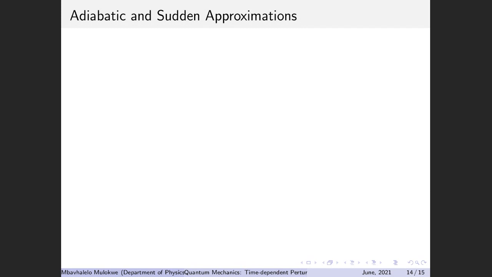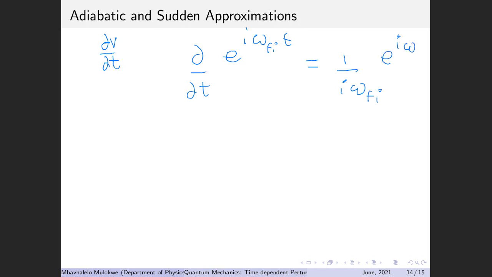So I was saying that we have to introduce terms like dV/dt, but there was no time derivative. So it's best if you write e^{iω_fi t}. Now, if you were to take the derivative, this will give you iω_fi times e^{iω_fi t}.